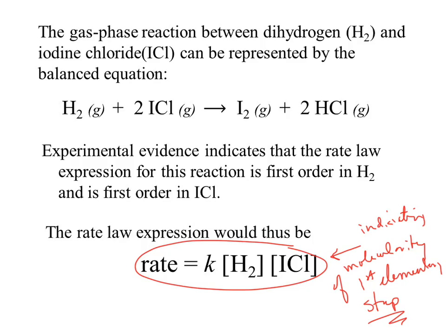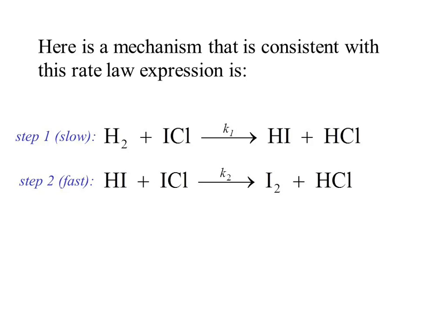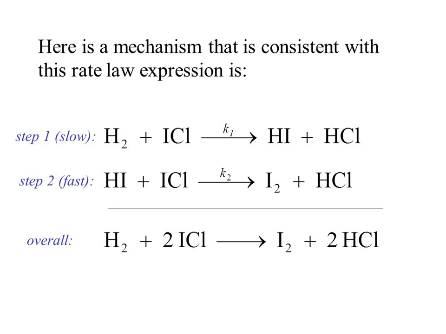I think so too. There you go. The first step is 1 H2 plus 1 ICl. Why? Because it's slow and we observed it in the rate. Now the second one, we could deduce it if we needed to, but I'm going to go ahead and show it to you. We could do a subtraction. I went ahead and showed it to you.